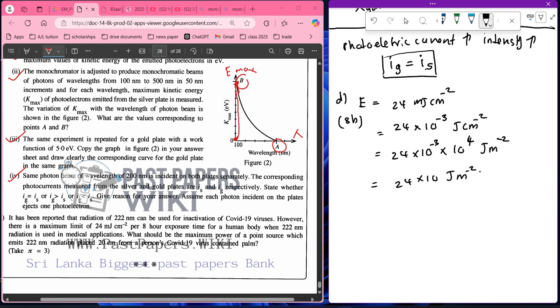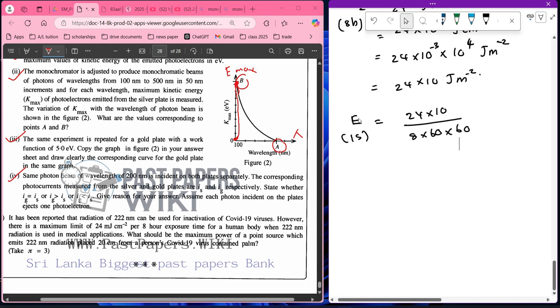So for 1 second, the energy released in the form of radiation without any harm will be 24 into 10 divided by 8 hours into 60 minutes into 60 seconds. Just leave it like that.